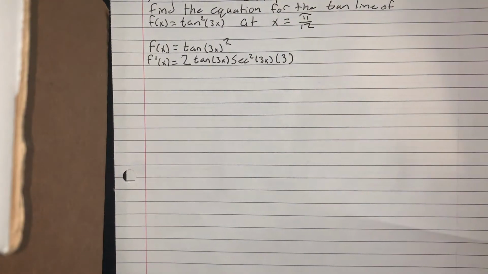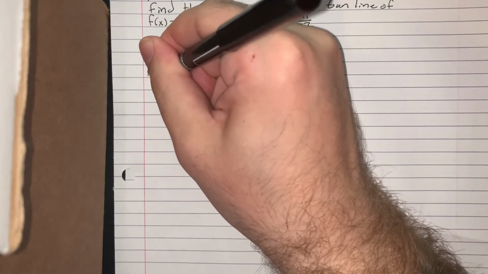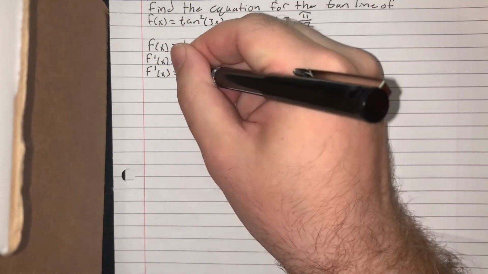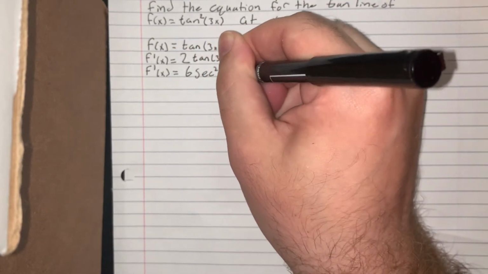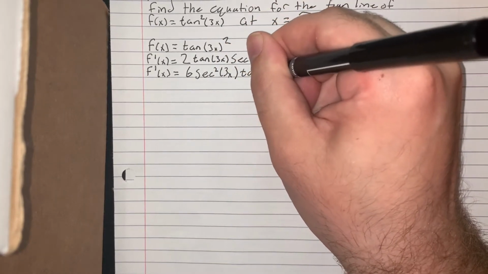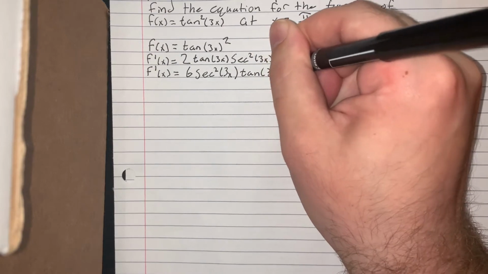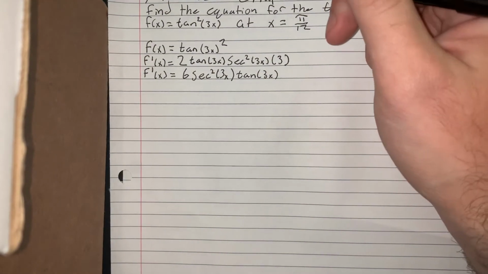So if we simplify, we are left with f prime of x is equal to 6 secant squared of 3x times tangent of 3x. So that's the derivative of the original function.